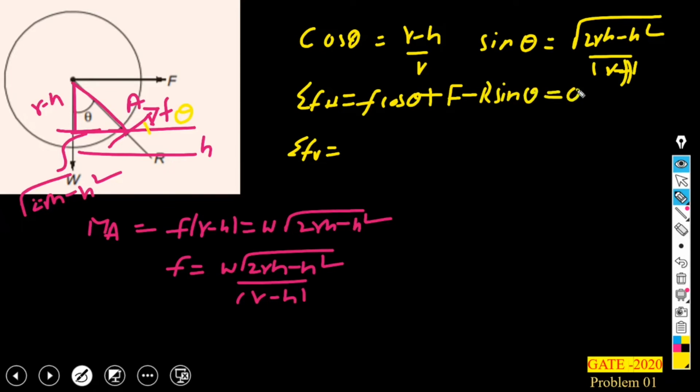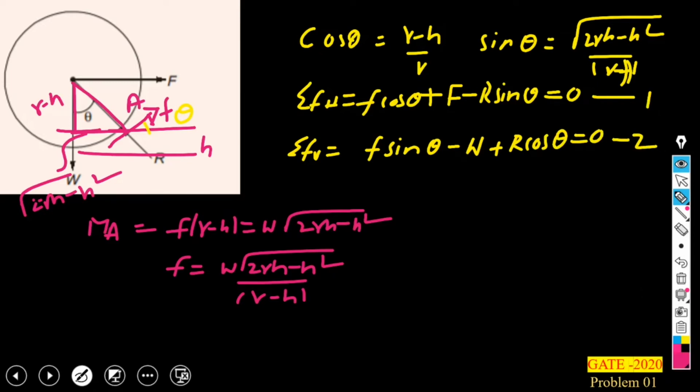And summation of vertical forces is equal to F sin theta minus W plus R cos theta is equal to 0. Let's say this is equation number 1 and this is equation number 2.